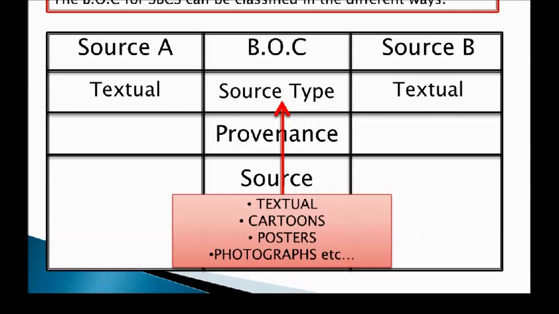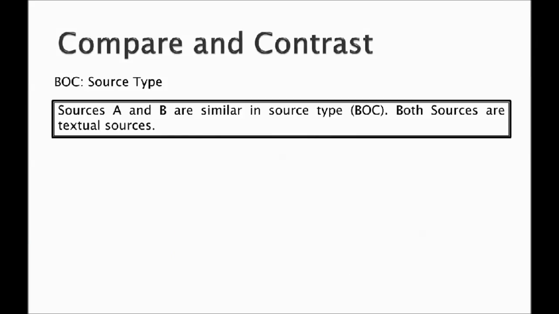So how do you present that in your answer? You will need to write, sources A and B are similar in the source type. This is taken from the middle column in your T-chart, so you just slot in the answer in the middle column. Source type: both sources are textual sources. This is taken from the left and right columns of the T-chart.